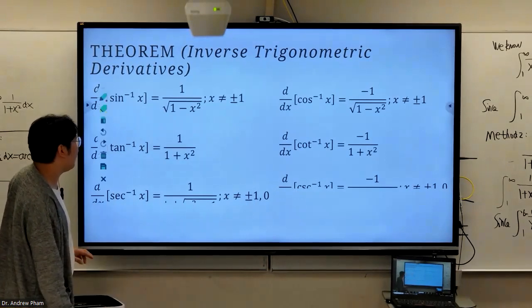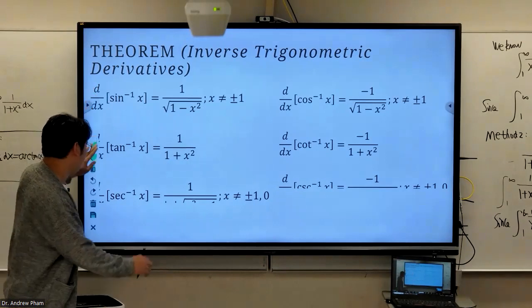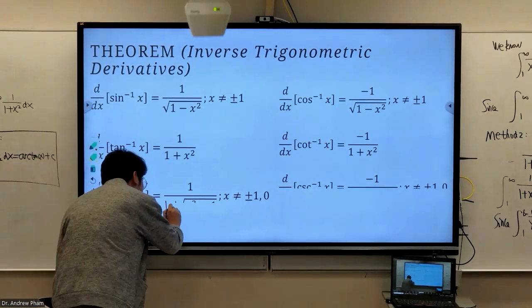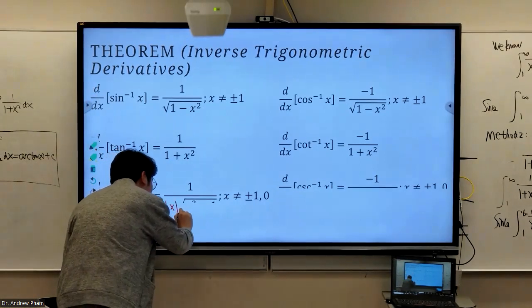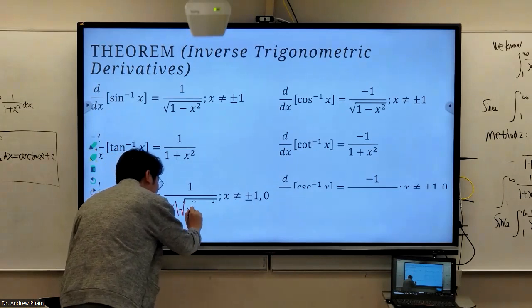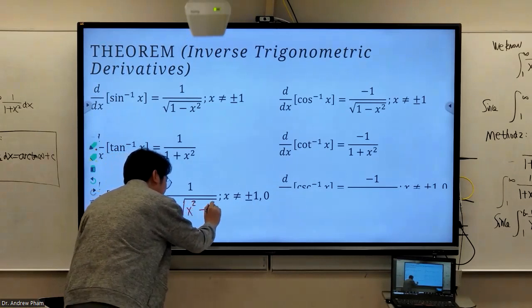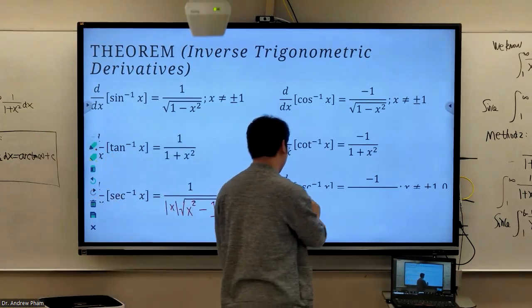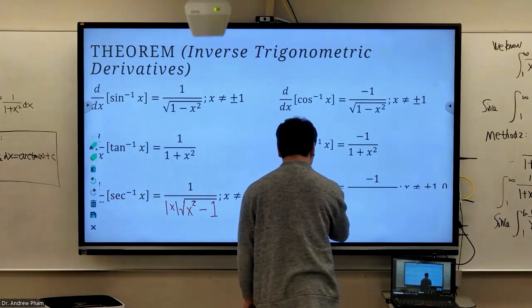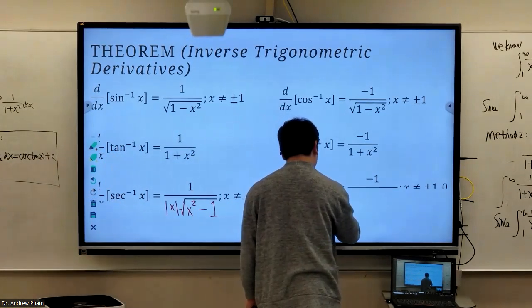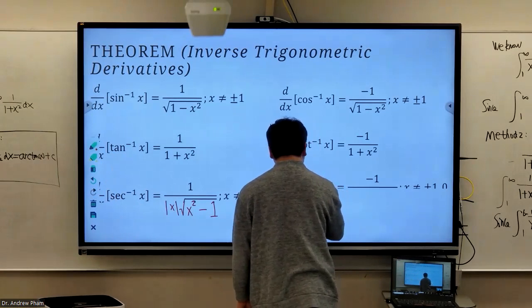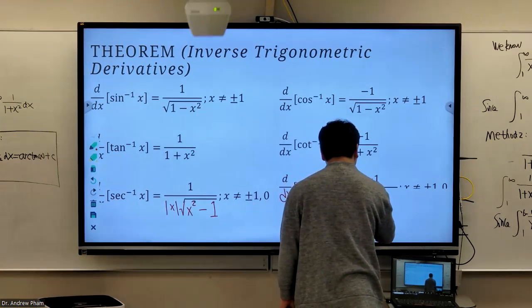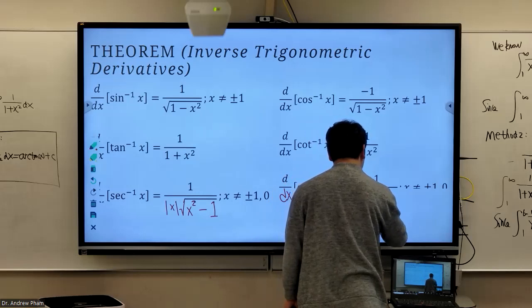So I'm going to fill in these blanks on the bottom. x squared minus 1 should be cosecant x, d/dx is equal to this.